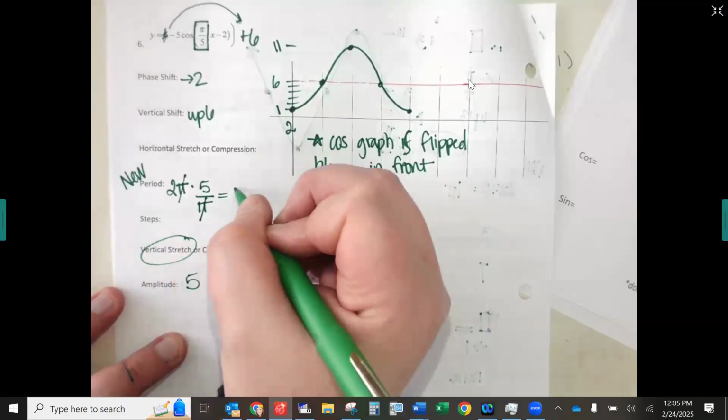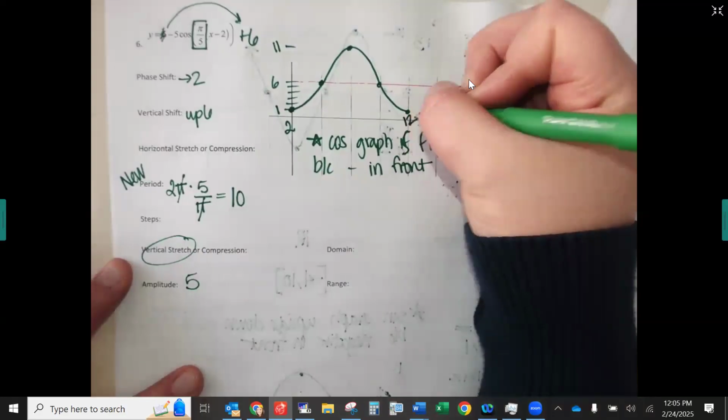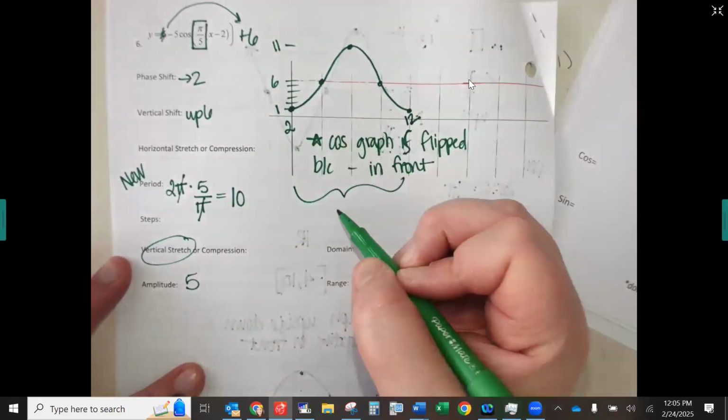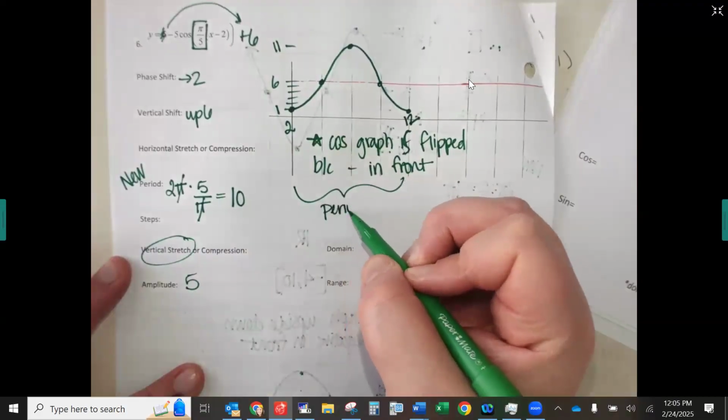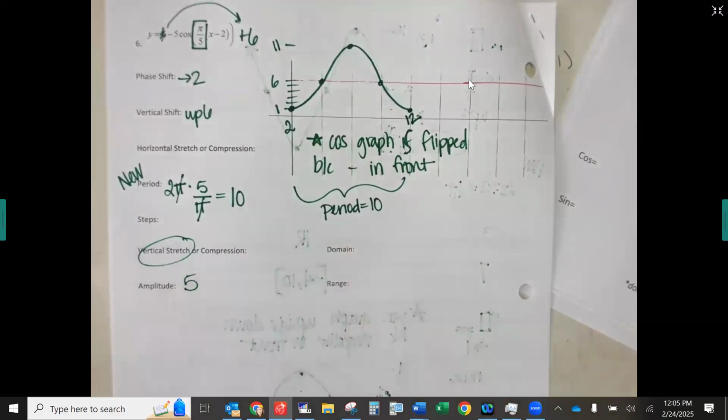Which means 2 times 5 means my period is 10. So question, if my graph starts at 2 and I'm going to go forward 10 more to get through the cycle, what's my stop point going to be? 2 plus 10 for the full cycle would be 12. You get the idea? All right.